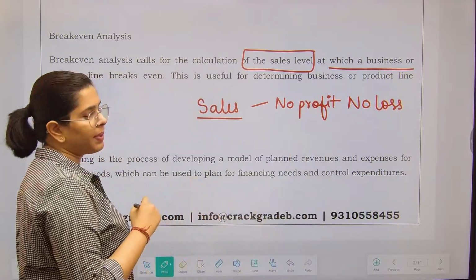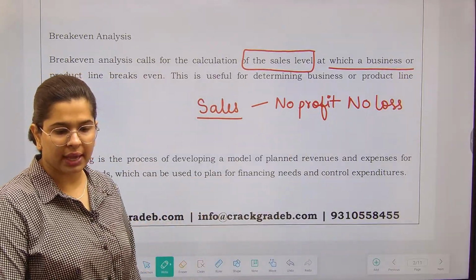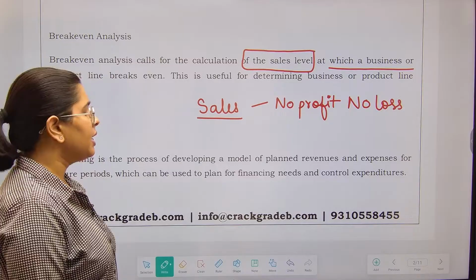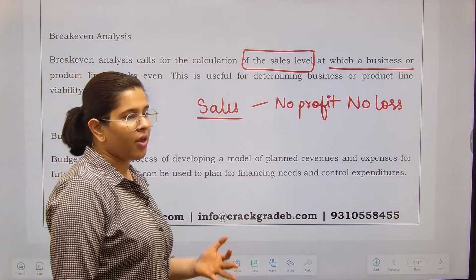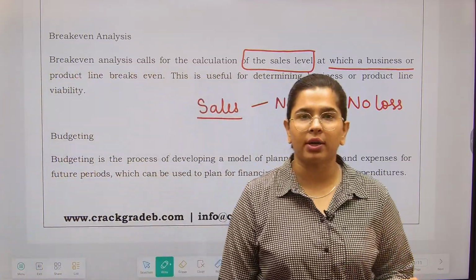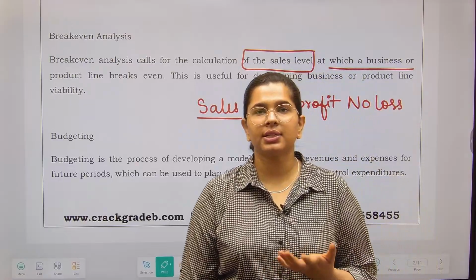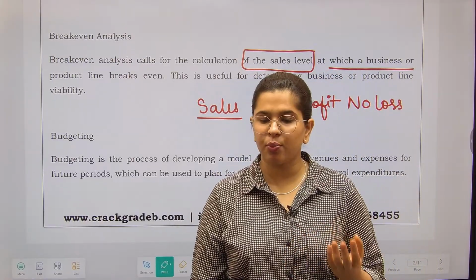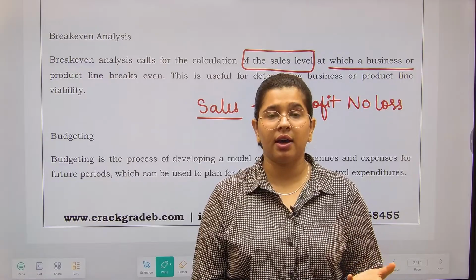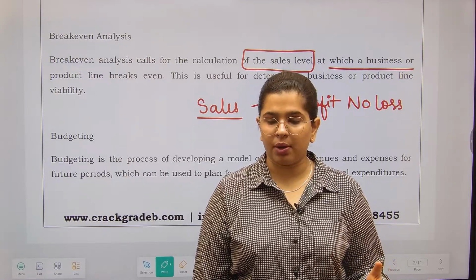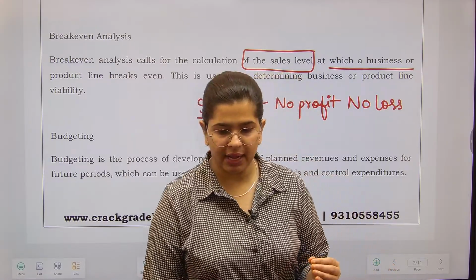That is called the break even point. So it helps us to decide whether we want to continue a product or not. See, if a product is not giving you profits, then what is the point of starting with that particular product?